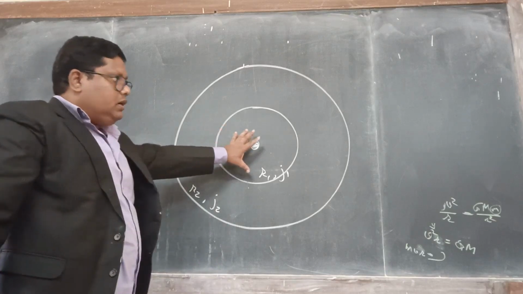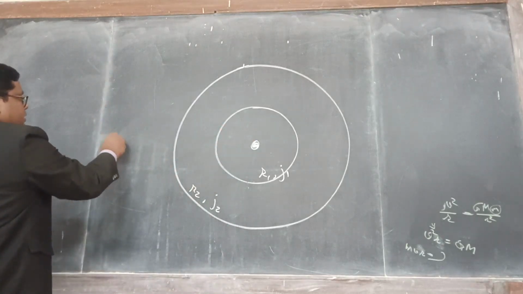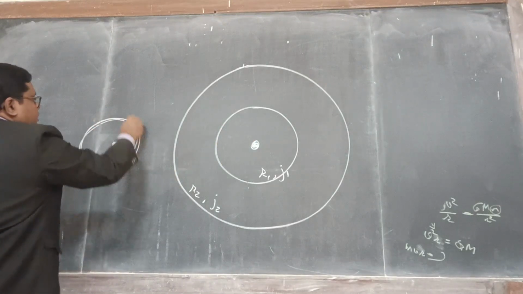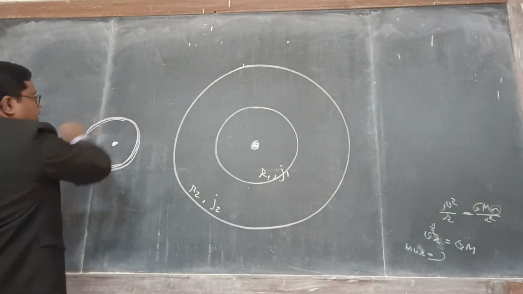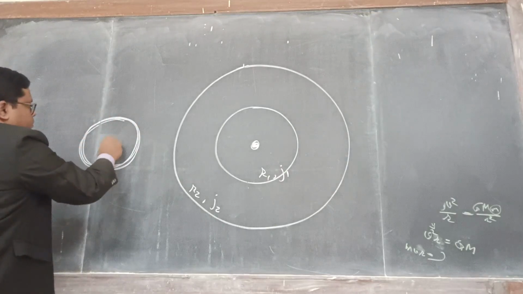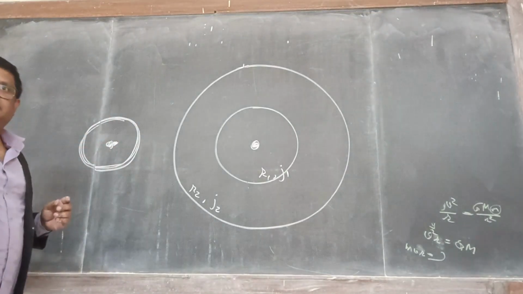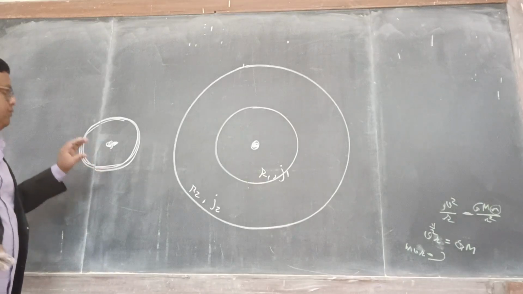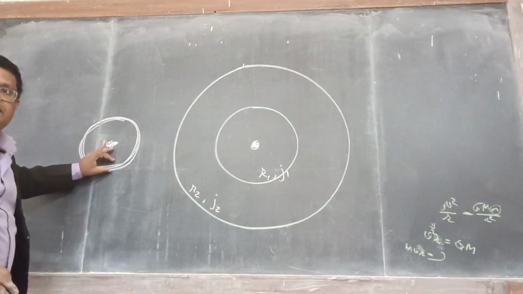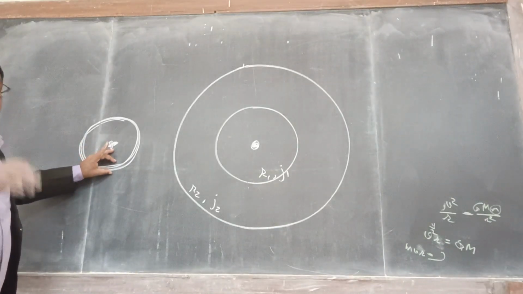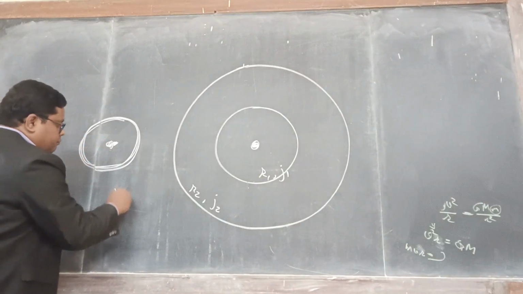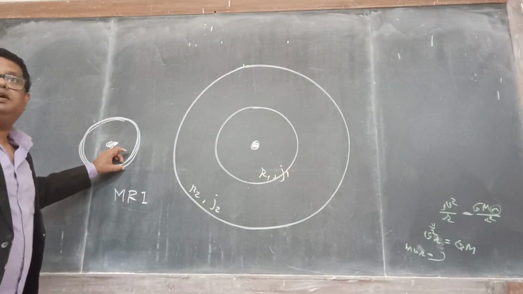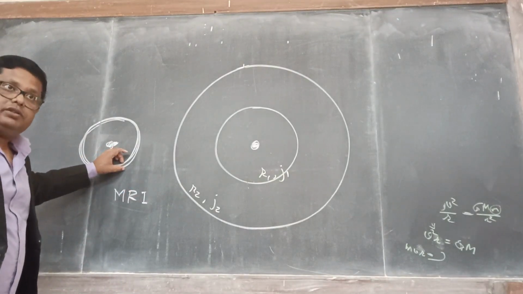So what I am trying to say is, initially, suppose you do a simulation and put the gas particles in a circular orbit like this, then after a large period of time, what we will observe, if there is a weak magnetic field over here, in the context of magneto-rotational instability, is that this will become unstable, there will be turbulent motion.